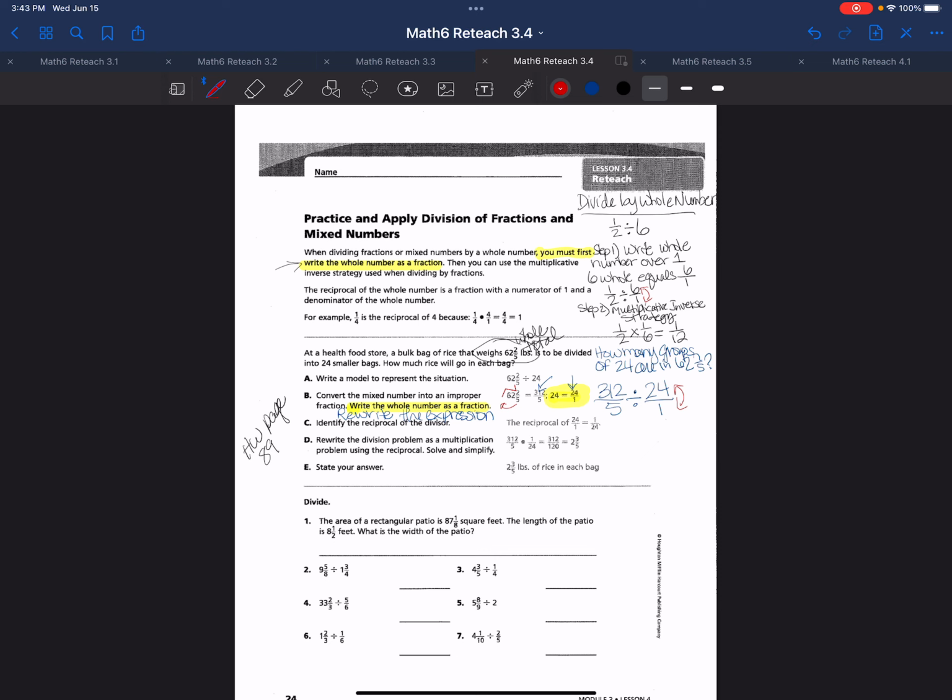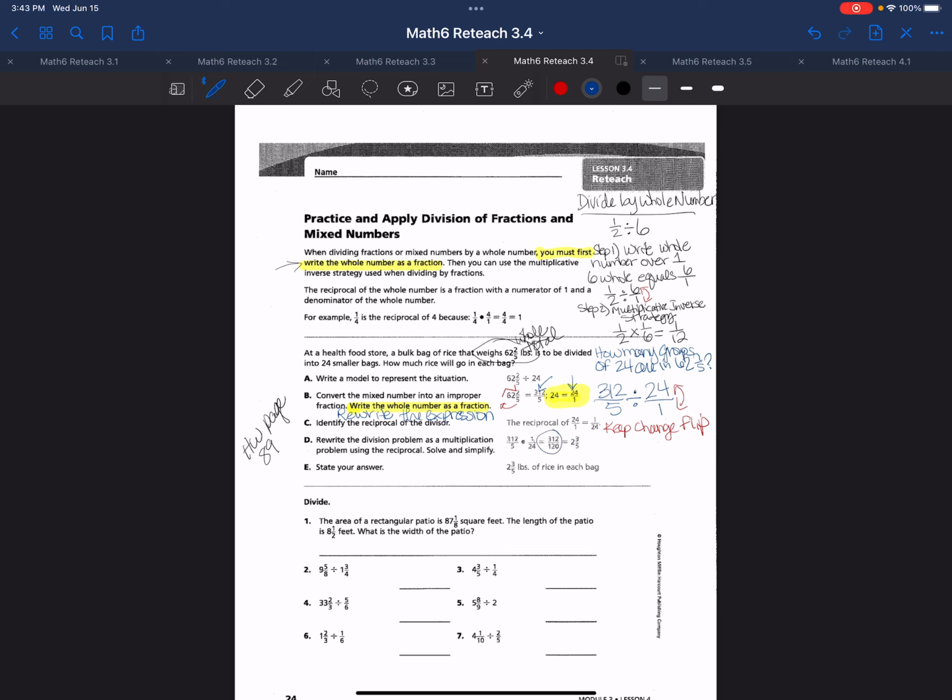D, rewrite the division problem as a multiplication using the reciprocal. So we need to do keep, change, and flip. Keep the first term, change the sign, and flip the whole number. We're taking the reciprocal. So then we get 312 times 1 is 312, and 5 times 24 is 120.